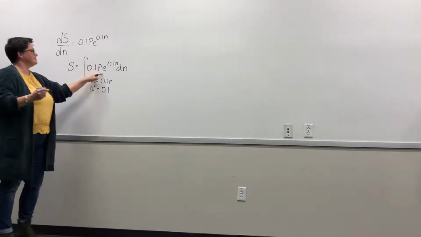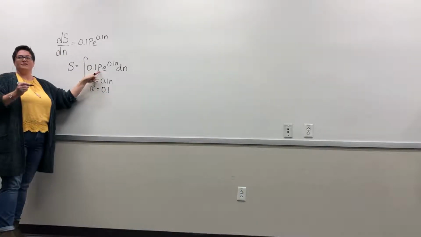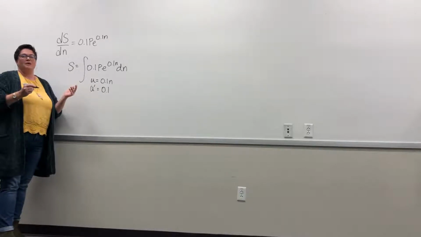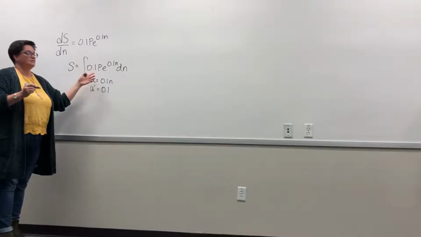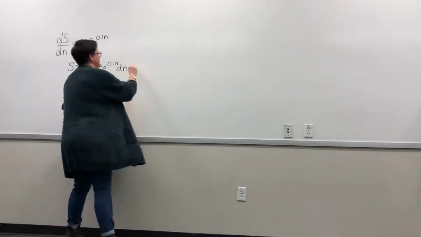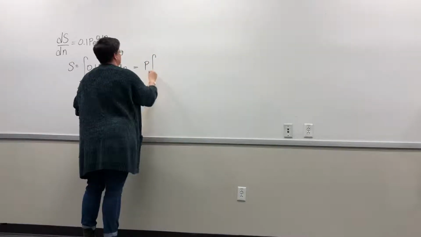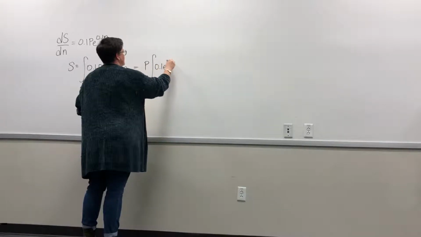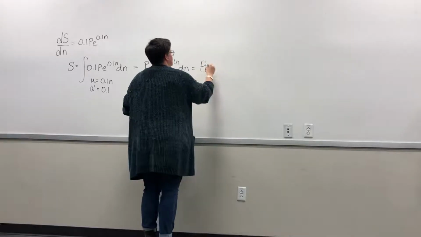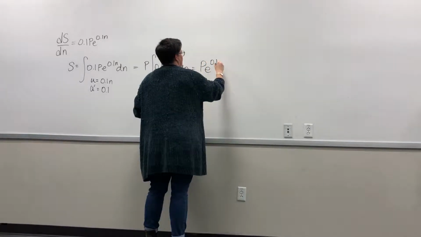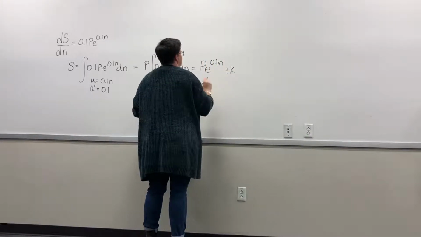And what do we have? 0.1 P. And what do we want? 0.1. So what do we do with the P, which is constant? We pull it out, exactly. So this is going to be P times the integral of 0.1 e to the 0.1 n with respect to n, which is just P times e to the 0.1 n plus k.